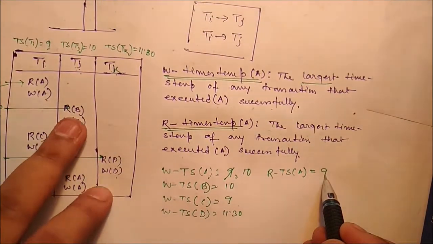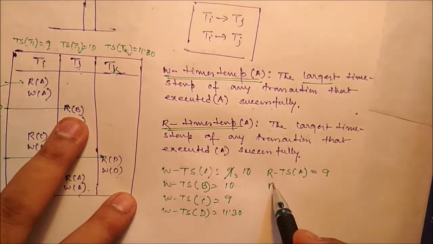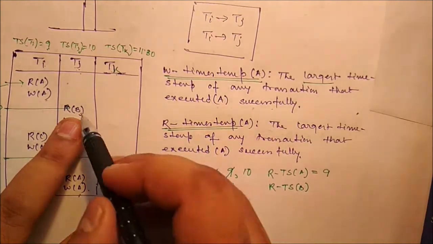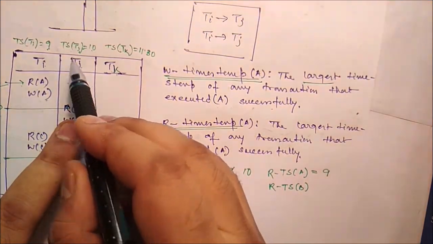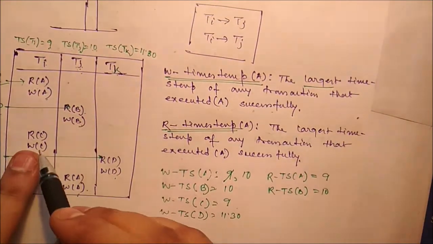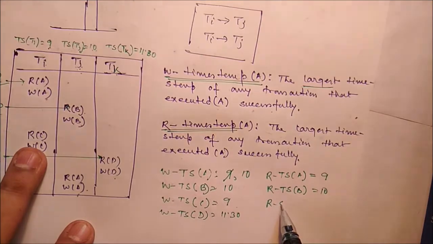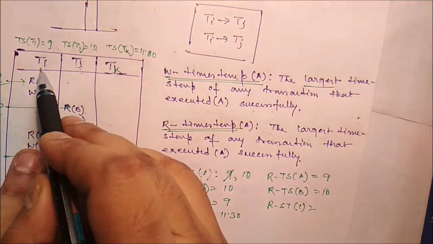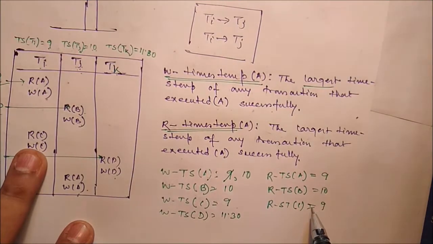Next is B, so read timestamp for the B variable, it is successfully done by the Tj, where TSTJ is 10, so it should be the 10. Next, read timestamp for the C variable, successfully done by the Ti, which is 9.